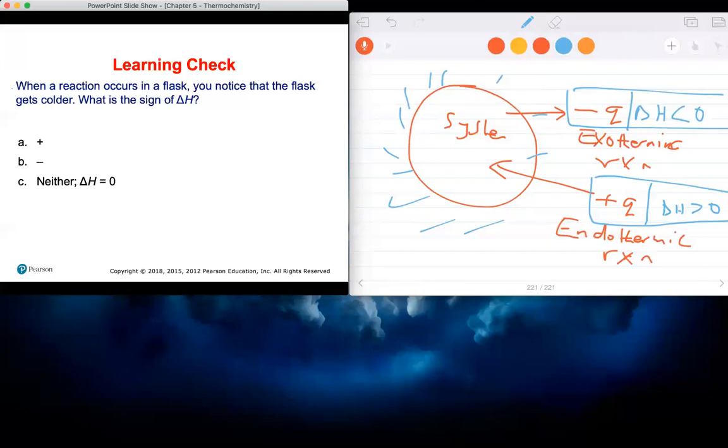If you fail to understand where the system is, you will not know. If I hold an ice cube and it gets cold, the ice cube is the system and heat is getting in there, which means the heat is gained. The correct answer is A, not B. B would mean it's getting hot.